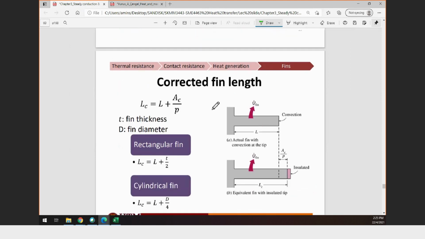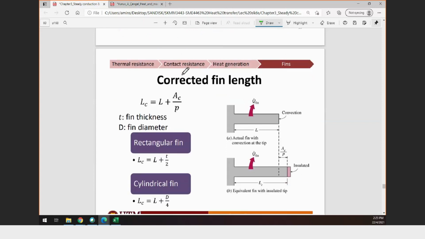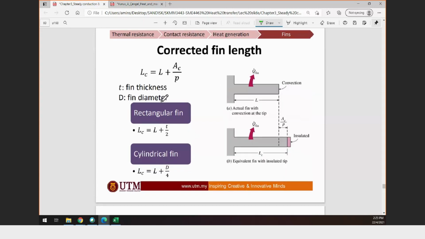So again, with that equation table, we need to calculate the corrected fin length. So what is the corrected fin length? This corrected fin length is the length where we consider the effect of convection on the tip of the fin, so you will not consider the L value anymore.